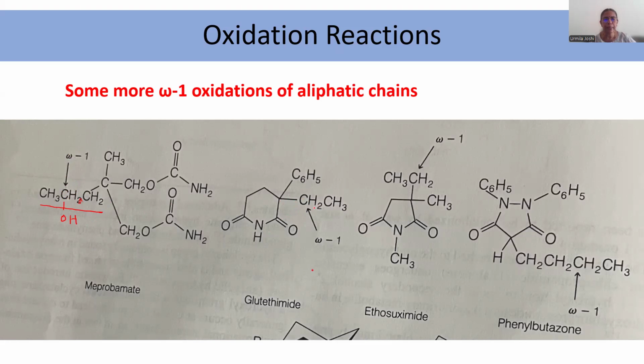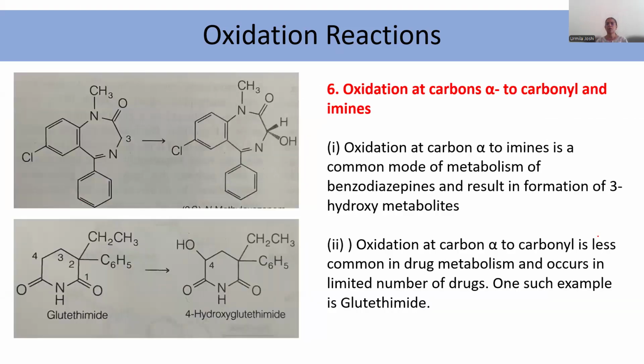Similarly, in the case of glutethimide, the omega -1 carbon is oxidized to CHOH. Likewise, in ethosuximide, the ethyl group is oxidized. In phenylbutazone, there is a 4-carbon chain and the penultimate carbon is oxidized to CHOH.